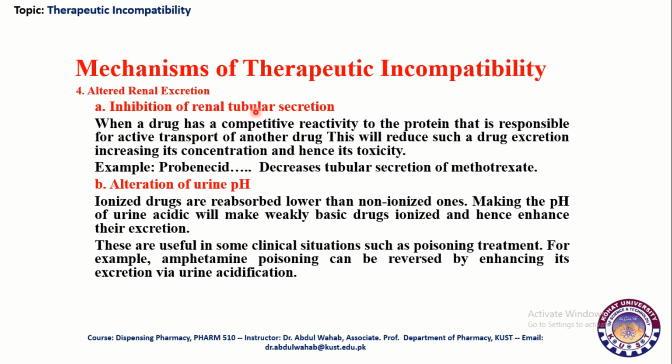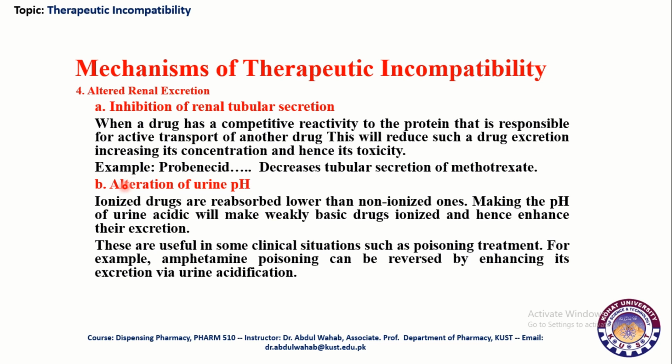Inhibition of renal tubular secretion. When a drug has a competitive affinity for the protein that is responsible for active transport of another drug, this will reduce such a drug's excretion, increasing its concentration and hence its toxicity. Example, probenecid decreases tubular secretion of methotrexate.